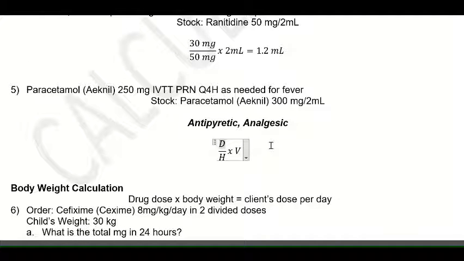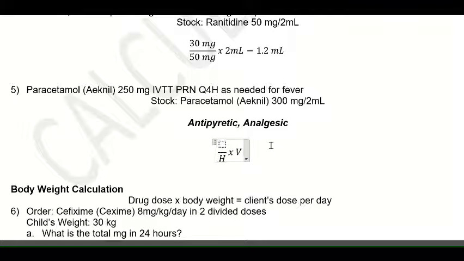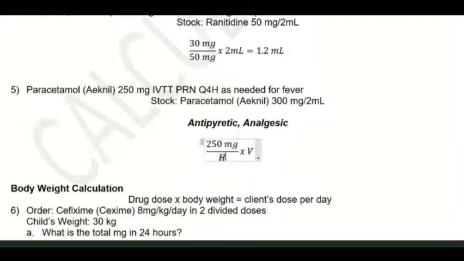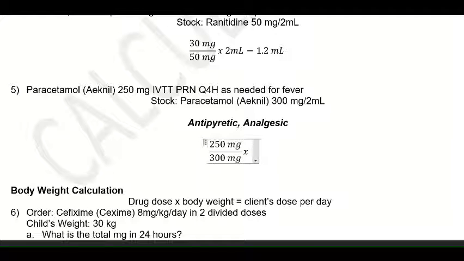Let's try. Desired, it's 250 milligrams. On hand, 300 milligrams. Vehicle, that would be 2 ml. And let's do the math using our little tiny calculators again. You have your 250 divided by 300 times 2.